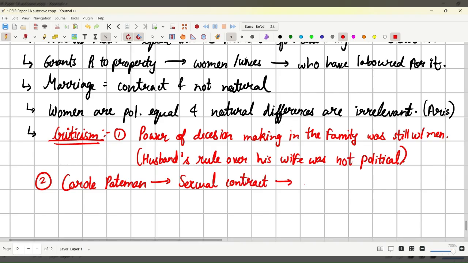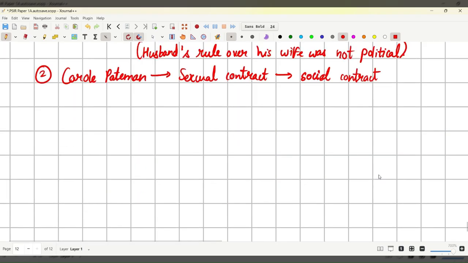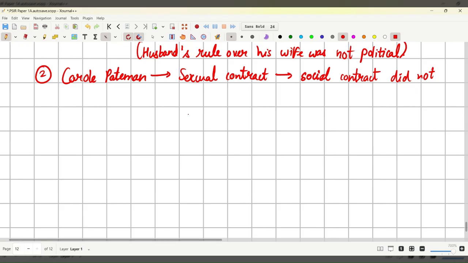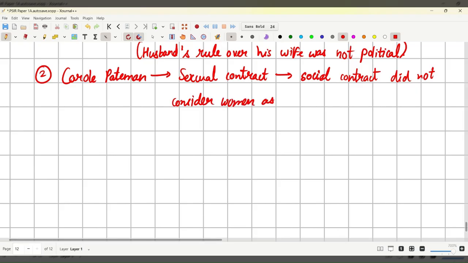She views the social contract theory as developed by Hobbes and Locke as not considering women as persons or citizens.